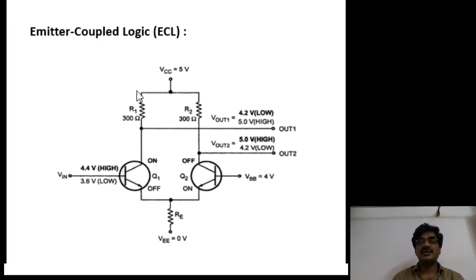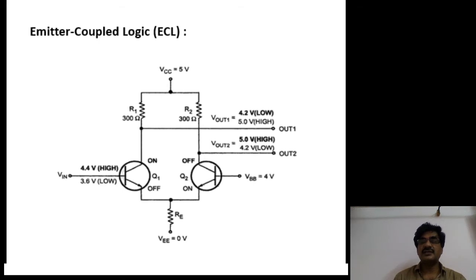This is the basic principle in emitter coupled logic. By seeing this, you can identify that this is a differential amplifier. In a differential amplifier, the concept is that if one transistor is on, definitely the other transistor goes to the off state.